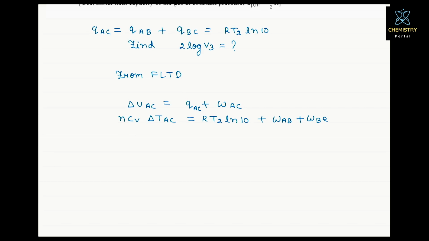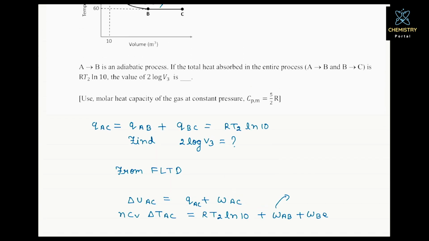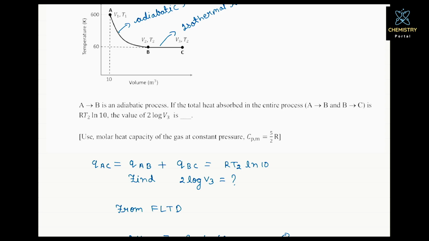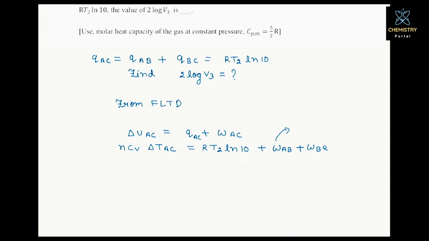AB is an adiabatic process, and BC is isothermal.